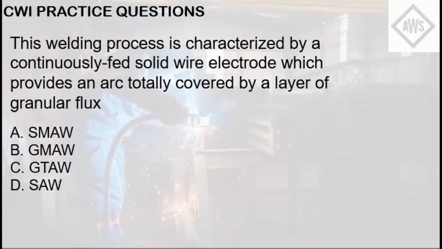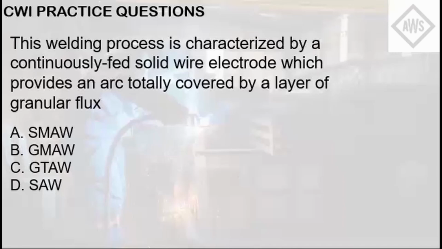Basically it can be considered an automatic or semi-automatic process because of its continuous wire feeding and controlled travel speed. You can control the machine's travel speed automatically, unlike SMAW, GMAW, and other processes where the travel speed is controlled by the welder.